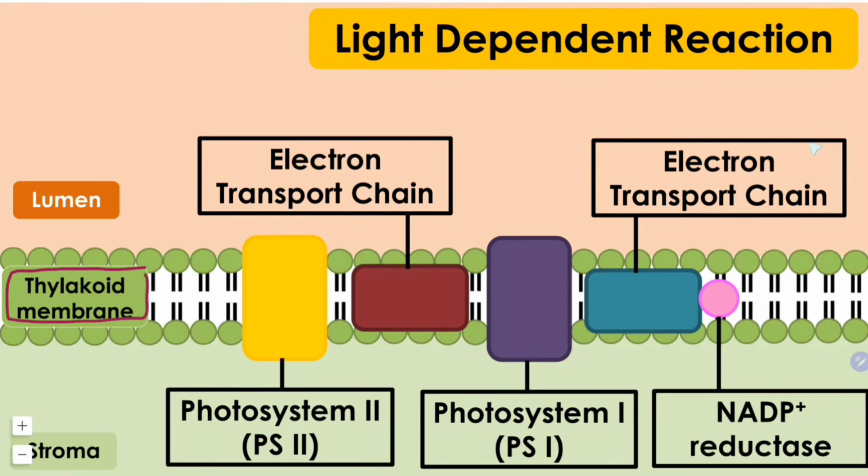On the thylakoid membrane, there are many proteins as well as enzymes. There are photosystem 2, electron transport chain, photosystem 1, another electron transport chain, and NADP+ reductase, which is the enzyme. All of these proteins and enzymes are located on the thylakoid membrane.